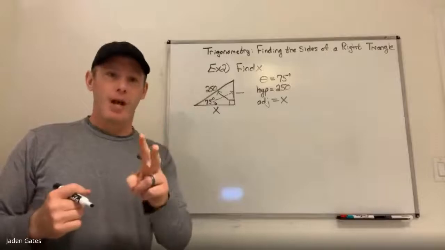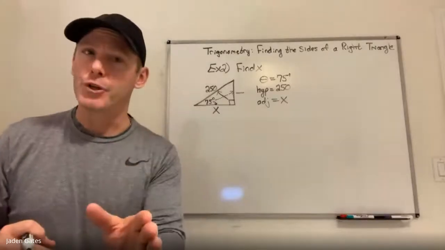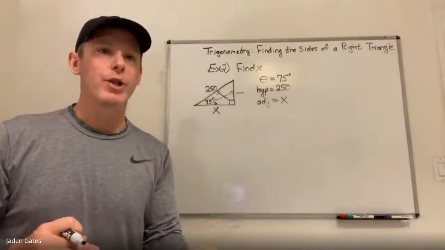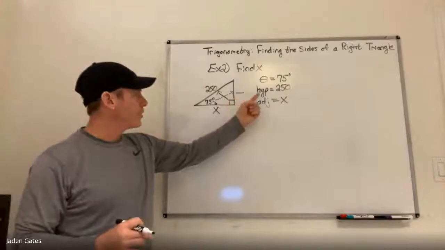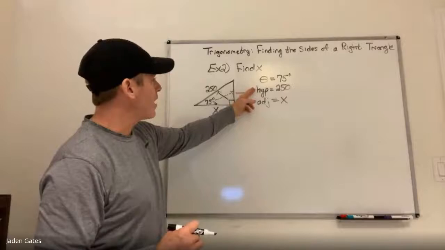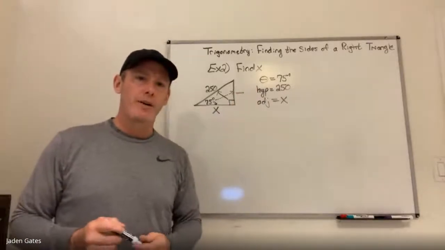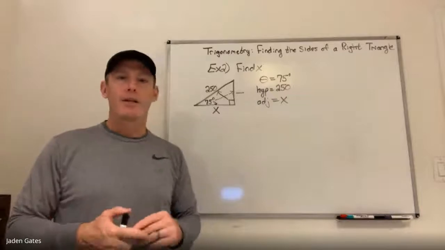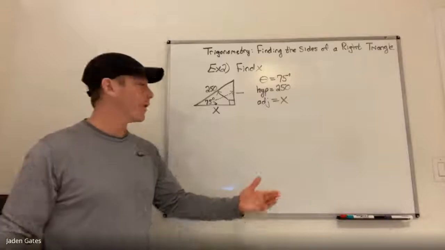The second step is figuring out which trig ratio I have to use. Not which one I want to use, which one I have to use. There's only going to be one basic trig ratio that involves the hypotenuse and the adjacent. So again, that's where I use those memory keys to figure out which one I've got to use. Sine on highway.